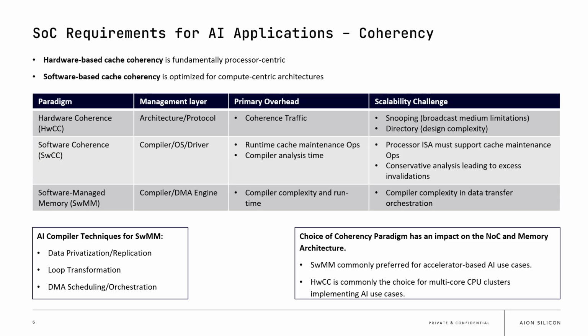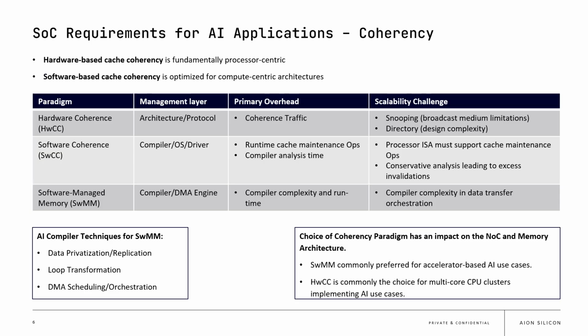The primary overhead is the coherence traffic, and the challenge to scale systems with hardware coherency is mainly the snooping logic, if you have a snooping architecture, or the size of your directory, if you've got a directory approach.